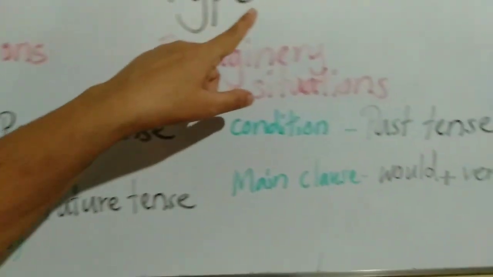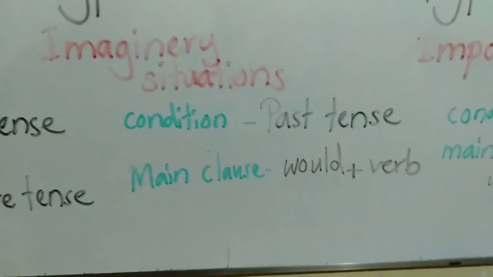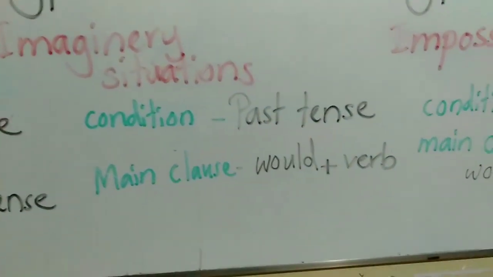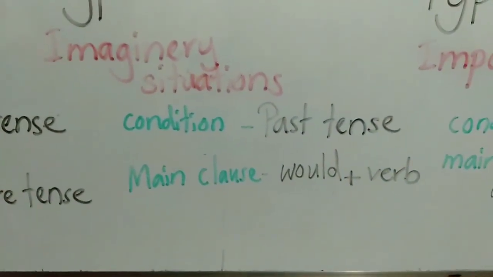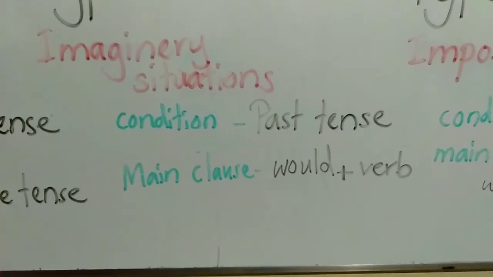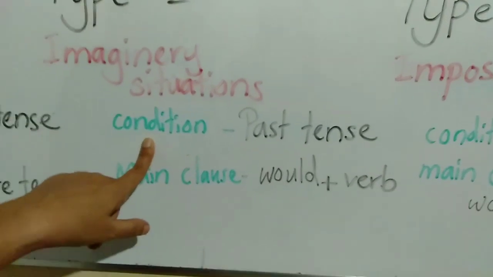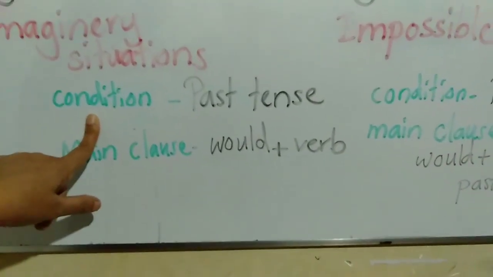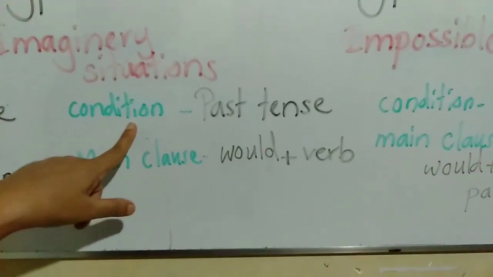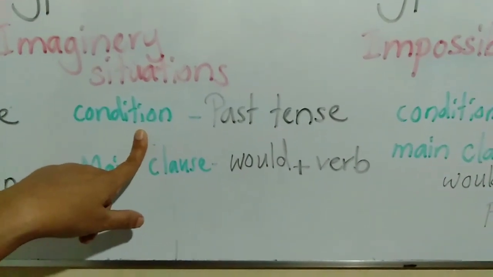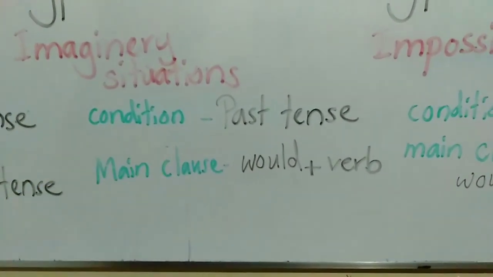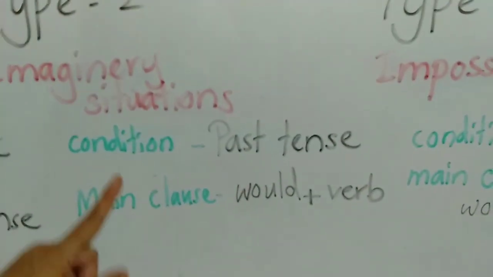Okay. When we come to type 2, imaginary situations. What are imaginary situations? We think the condition will happen, but this may happen or may not happen. We are not sure of it.